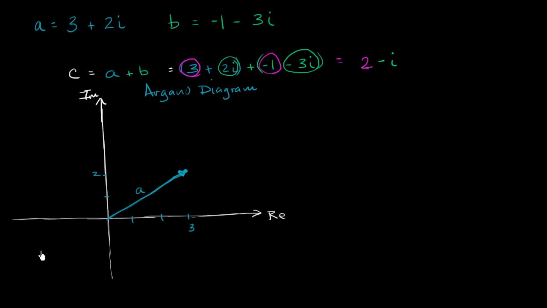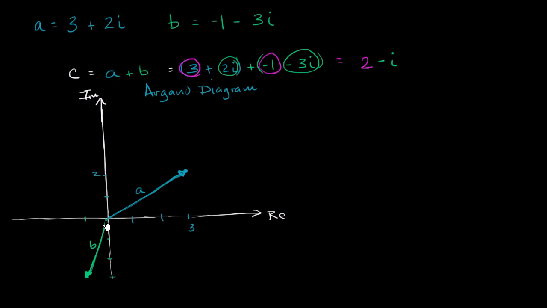Now let's do the same thing for vector B. It is -1 along the real axis and -3 along the imaginary axis. 1, 2, 3. So it sticks us right over there. If we represent it as a vector, complex number B could be visualized this way. And now when we add A plus B, you could add them the exact same way that you would add vectors.